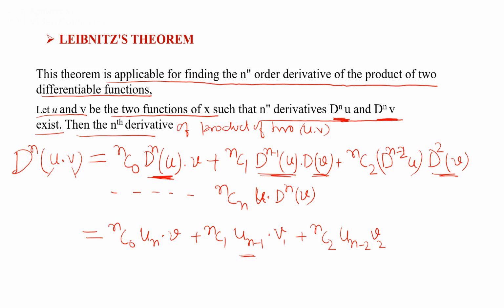Here v2 means the 2 time derivative and u suffix n minus 2 means the (n minus 2) time derivative of u, and so on. And the last term, that is the nth term, is nCn, u and v suffix n. You have to note that.